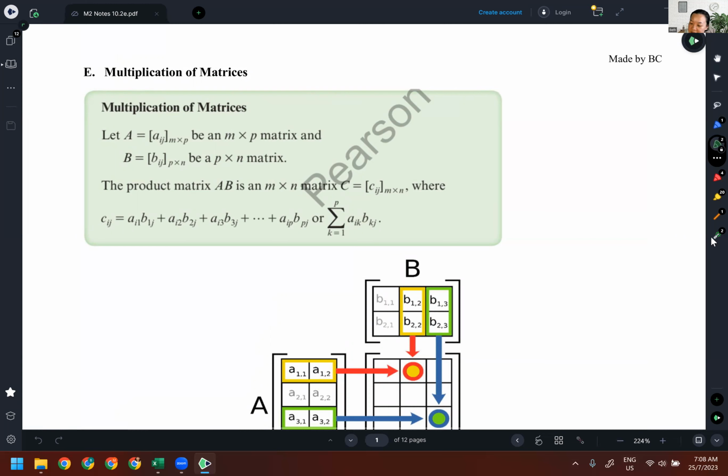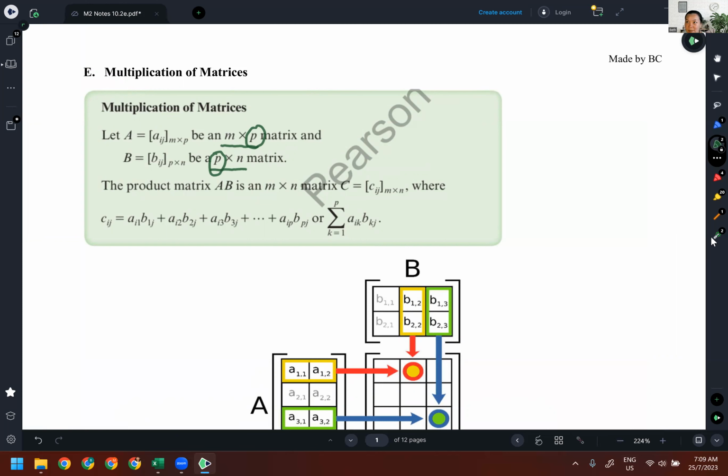A is of order M times P, and B is order P times N. Of course, M, N, and P can be different values, but you should notice that the number of columns of A and the number of rows of B are equal. Only in this case, we can multiply A and B.